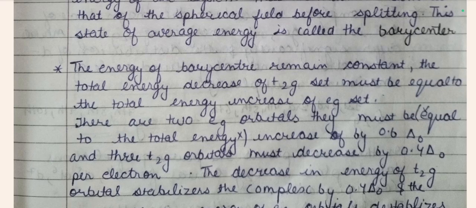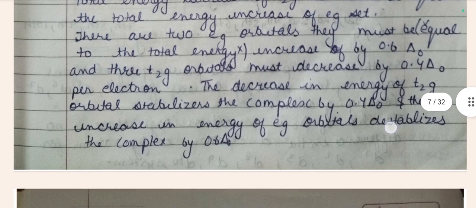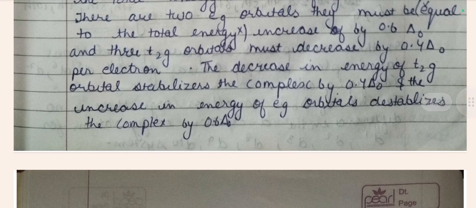The two Eg orbitals must be increased by 0.6 Δo, and the three T2g orbitals must decrease by 0.4 Δo per electron. The decrease in the energy of the T2g orbitals stabilizes the complex by 0.4 Δo, and the increase in the energy of the Eg orbitals destabilizes the complex by 0.6 Δo.